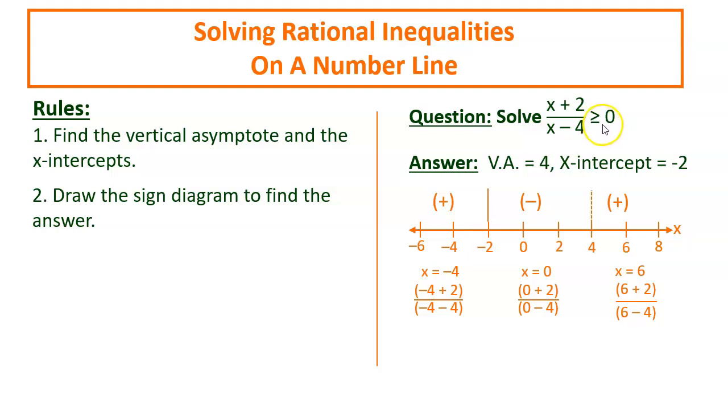When the equality sign is included, we include the x-intercepts in the solution set, but we can never include a vertical asymptote, because that is a value of x which we cannot have, since it makes the denominator equal to 0.